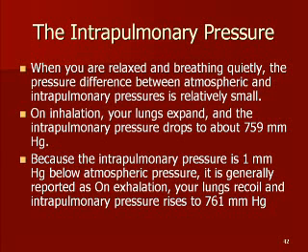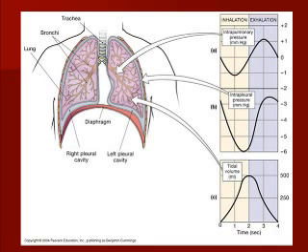On inhalation, your lungs expand and the intrapulmonary pressure drops to about 759 millimeters of mercury. Because the intrapulmonary pressure is 1 millimeter below atmospheric pressure, it is generally reported as minus 1. On exhalation, your lungs recoil and the intrapulmonary pressure rises to 761 millimeters of mercury.